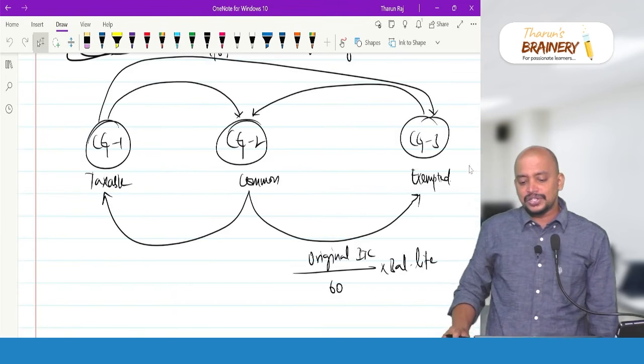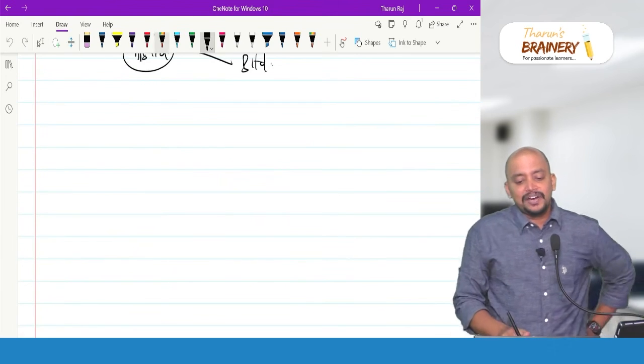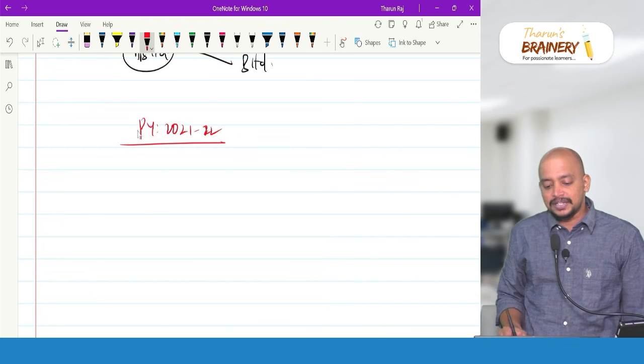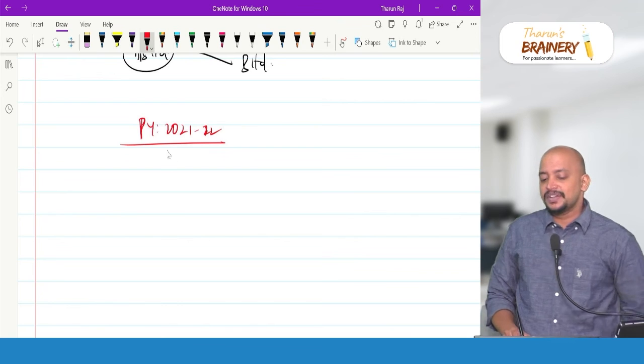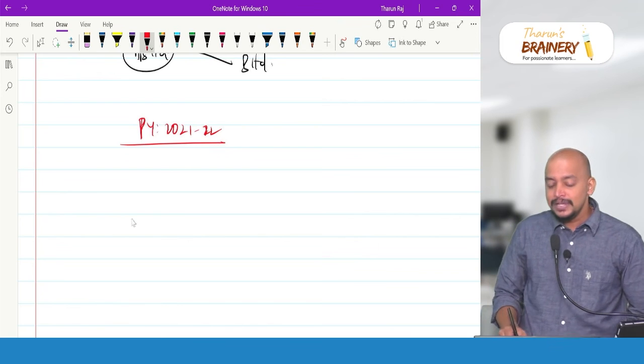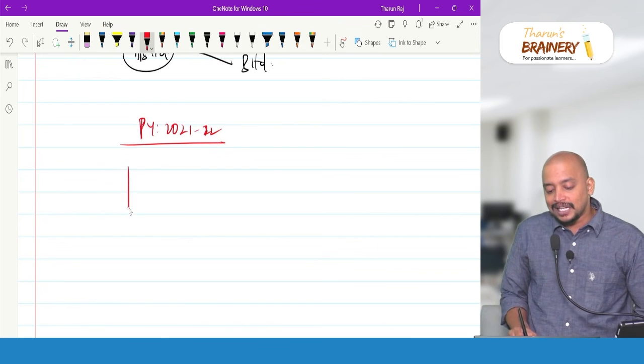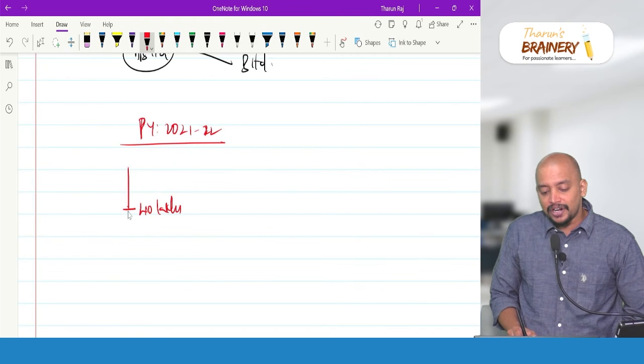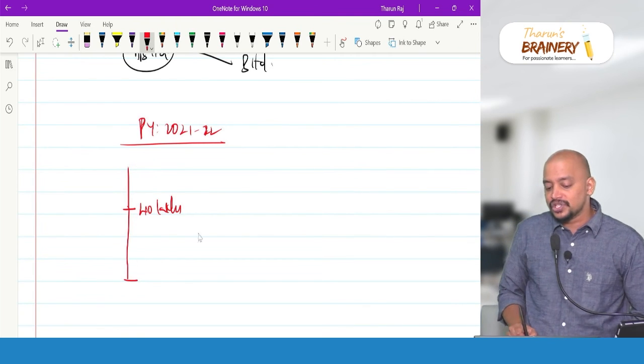What does pre-registration turnover mean? Say for example, in the previous year 2021-22, I commenced the business, and up to 40 lakhs I had not got registered. After crossing 40 lakhs, I registered.